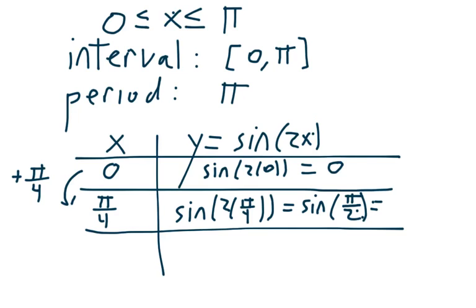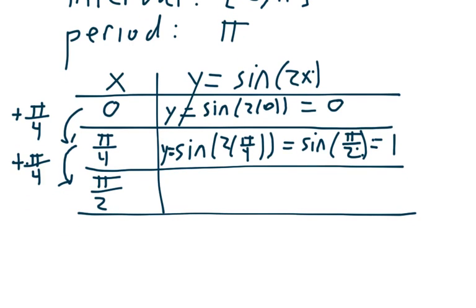And that, as we know, is 1. So that's our y value here. So again, what do we do next? We're going to add pi over 4. So pi over 4 plus pi over 4 is pi over 2.